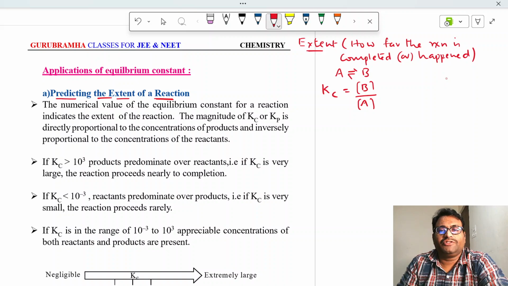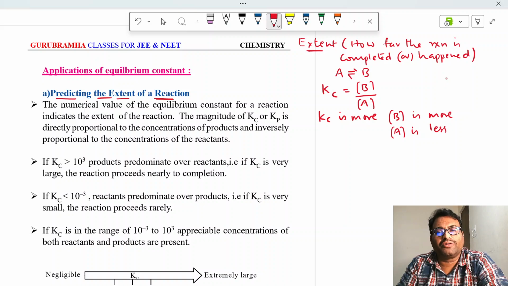Okay. So if Kc is more, then what does this represent? Numerator is more and denominator is less. This describes that concentration of B is more and concentration of A is less. That means reactant A reacted more. There is very less reactant and more product formed.